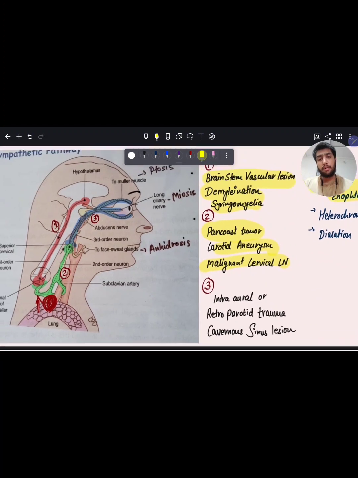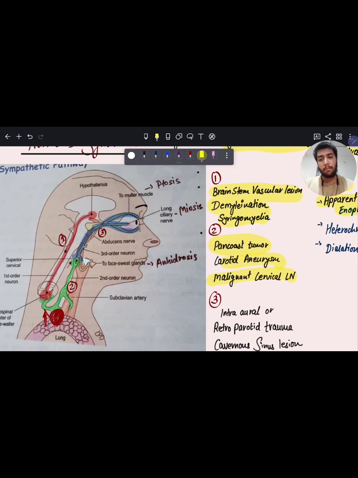Then the third order neuron, let's see the third order neuron from here. From the superior cervical ganglion, the nerve is going to the Muller muscle, which is responsible for lifting up the eyelid, and if it is gone, obviously you are going to have ptosis, which is drooping of the eyelid. It is going to supply long ciliary nerve, which is responsible for your pupils to dilate.